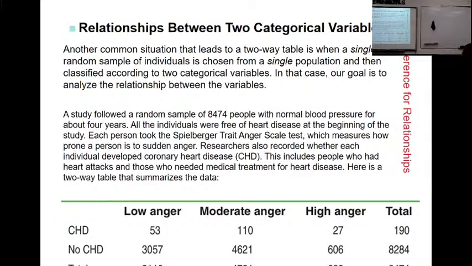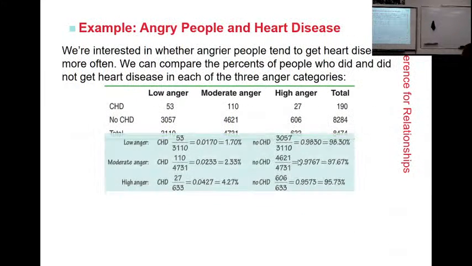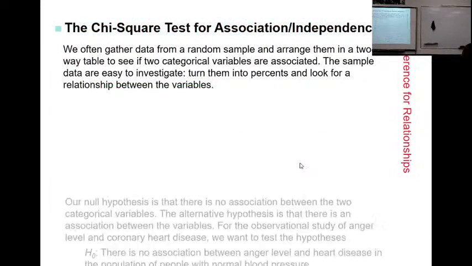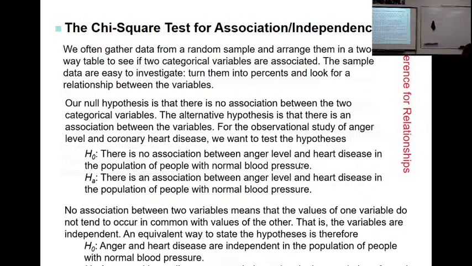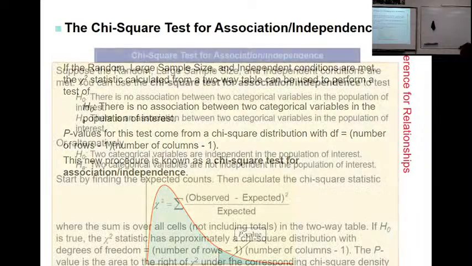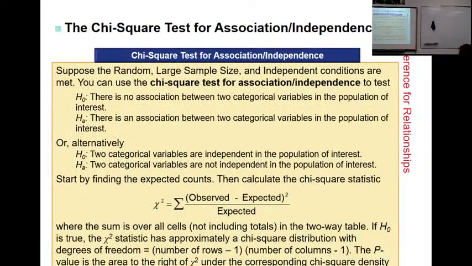So, they'll go through and find the expected counts, but we'll do this on the calculator. Again, the way that I would encourage you to look at this is to give the null hypothesis being that there's no association between the 2 variables, and the alternative is that there is an association between the 2 variables.